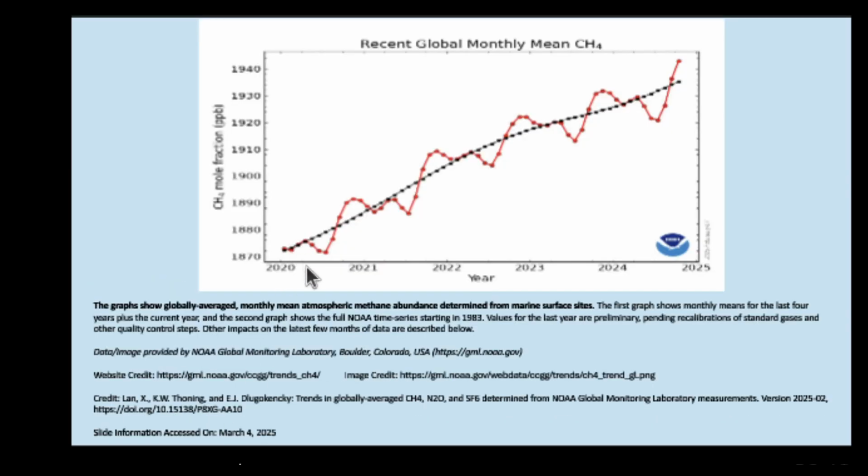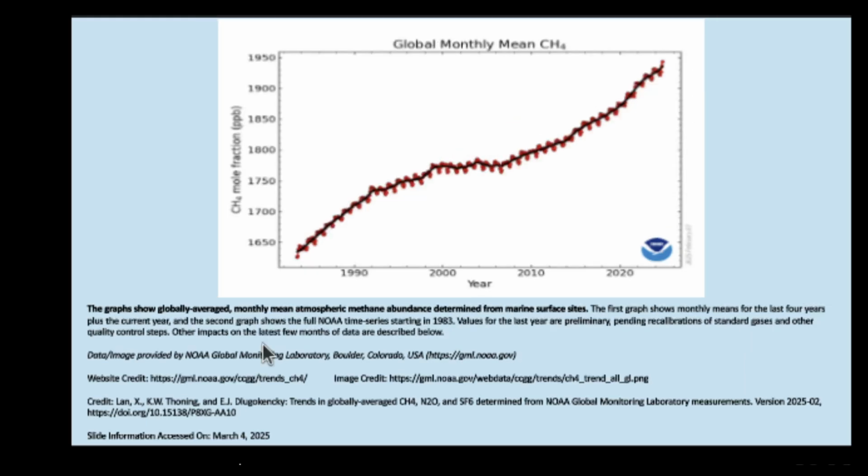From 2020 through 2024, you can see over these last several years, atmospheric methane concentration has steadily increased. And from 1983 all the way through 2024, there's a general increase in the global atmospheric methane concentration.